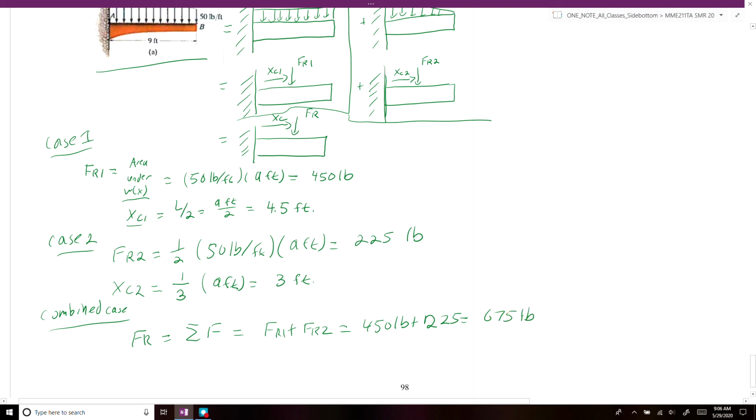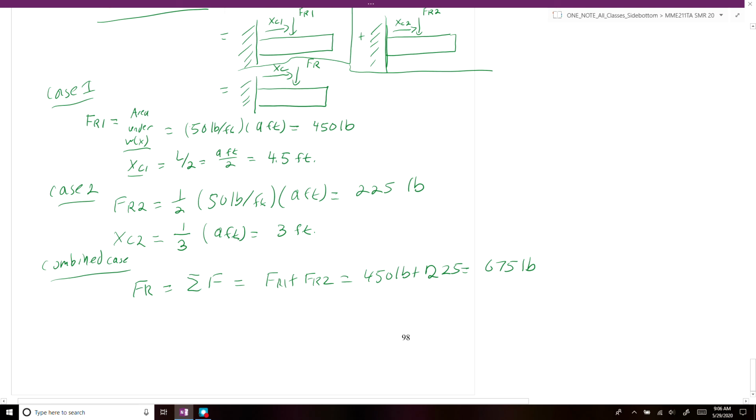All right, and then to figure out X sub C, X sub C needs to create an equivalent moment about point A. So we're going to sum all the moments caused by our force R1 and force R2 about point A, or the leftmost side of our beam, and we're going to divide that by FR, sorry, to get our moment arm.